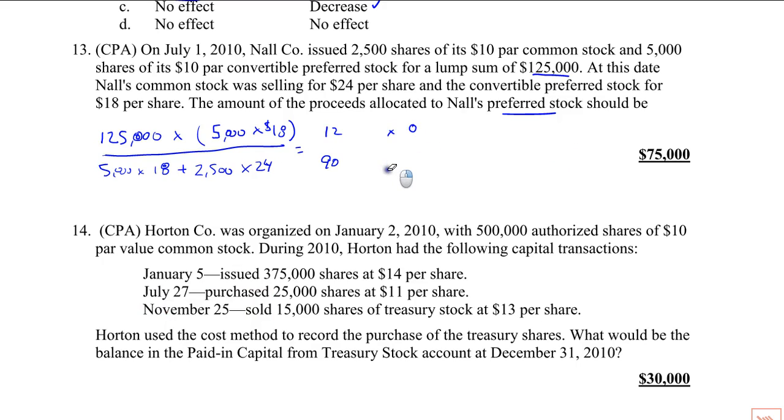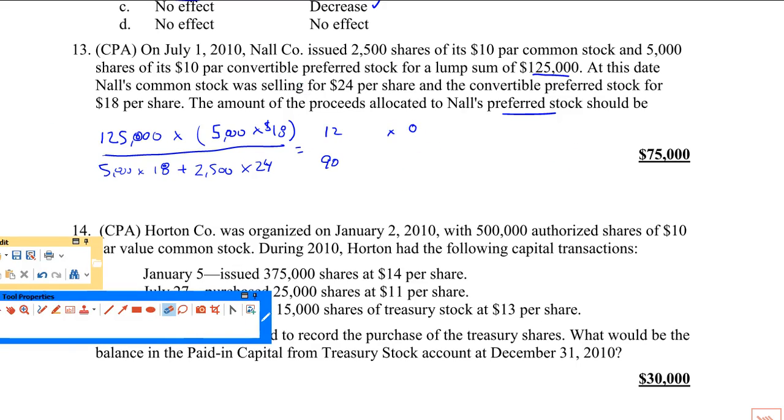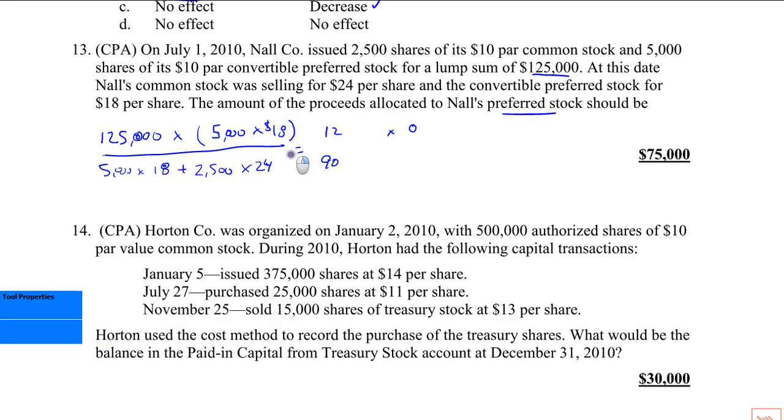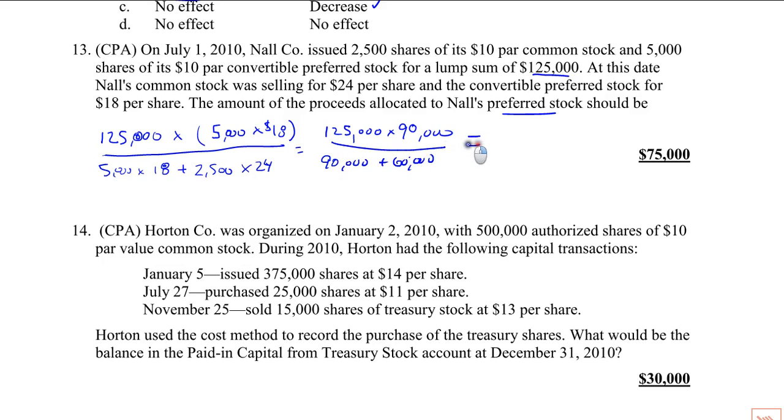Let me just do it all the way out. $125,000 times 90,000 all over 90,000 plus 60,000, and you got to multiply all that out. You can't just take out the zeros. That was silly of me. It's a plus sign. Okay, and 150,000 divide. I'm just checking 75,000. So there you go.